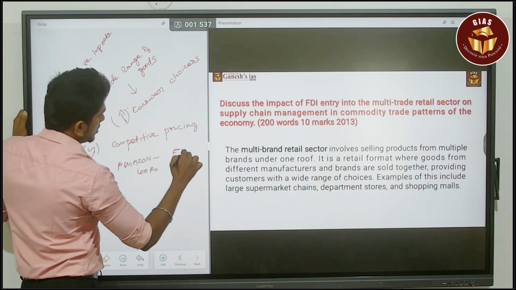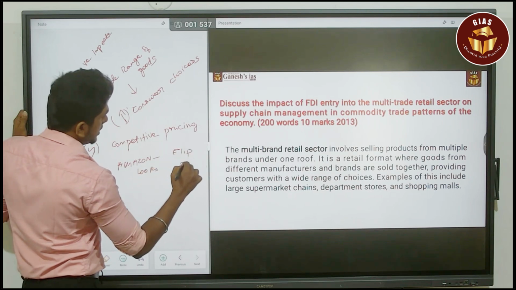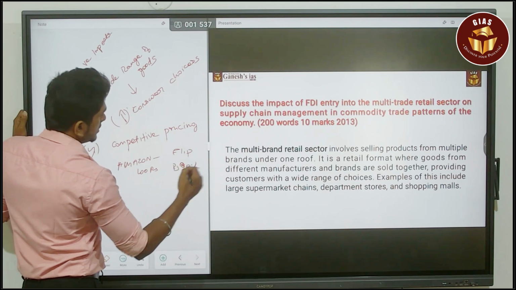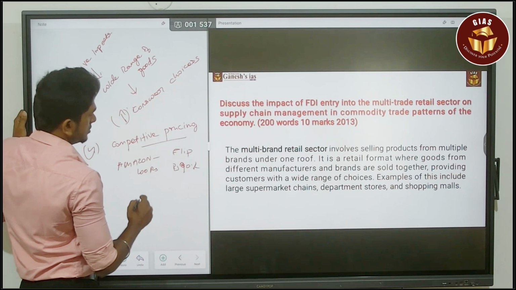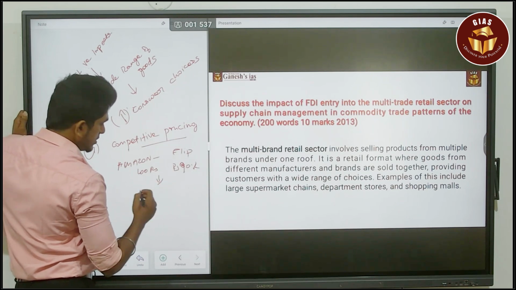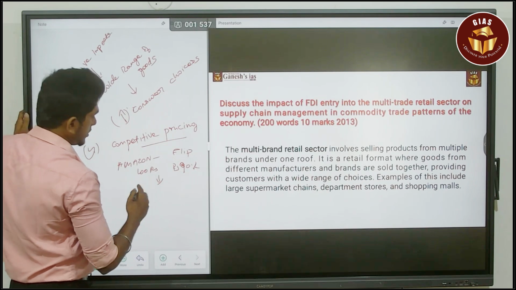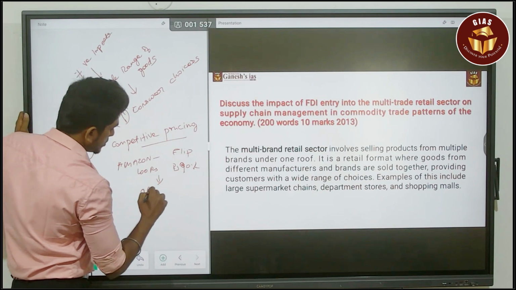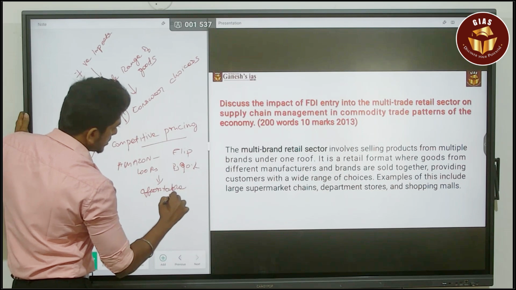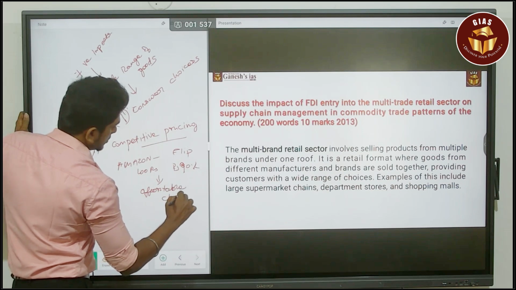Then Flipkart will sell it for 85 rupees or 90 rupees. So that is the competitive pricing. That will encourage the consumer to buy the product, and it will also make the goods affordable and cheap. So that is the benefit.